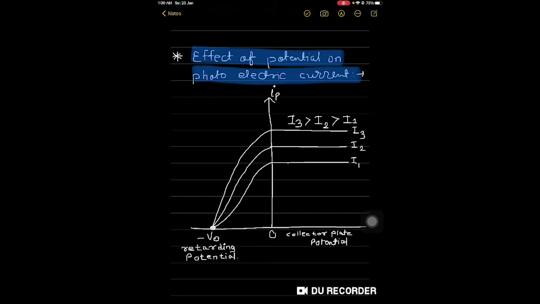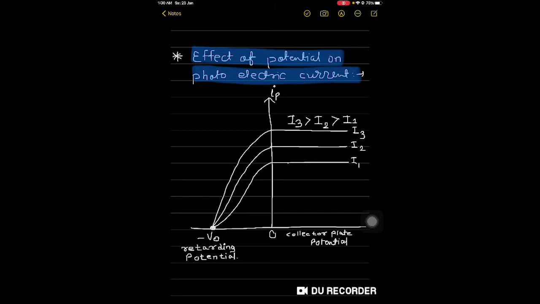This shows that more electrons are being emitted per second, proportional to the intensity of incident radiation. But the stopping potential remains the same as that for the incident radiation of intensity I1.